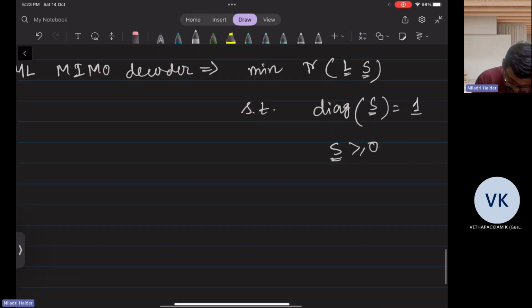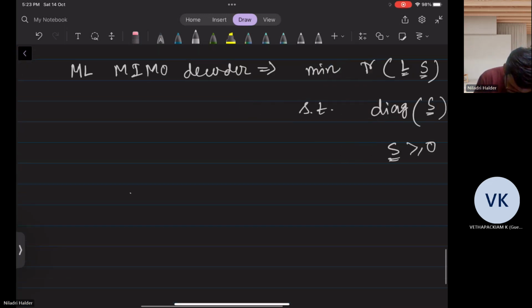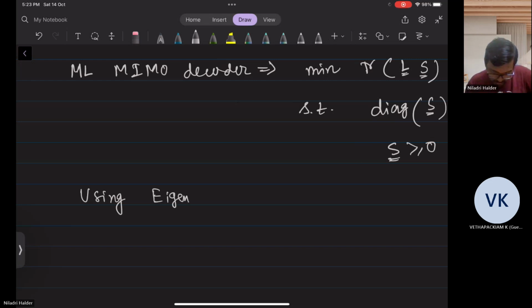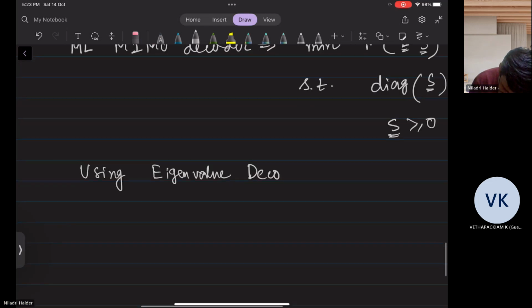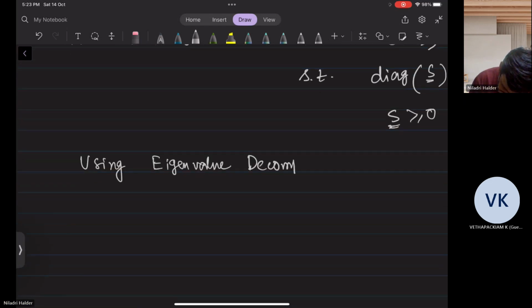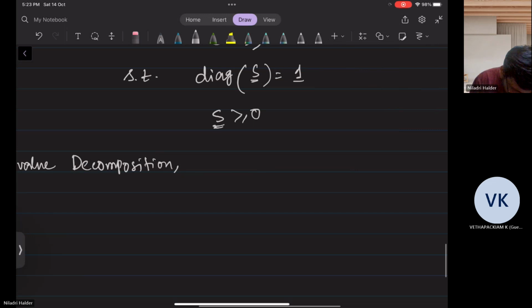So using the eigenvalue decomposition, S can be written as S equals Q lambda Q transpose.